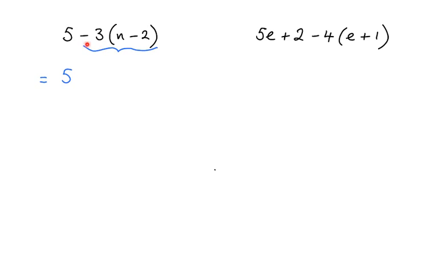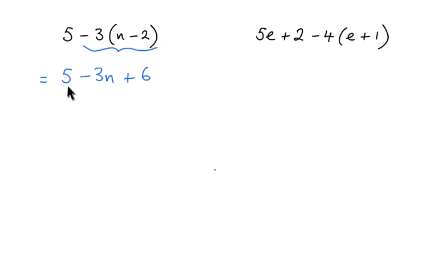So we have to multiply negative 3 with n, which becomes minus 3n, and then we have to multiply negative 3 with negative 2, and that becomes positive 6. Now we haven't finished because we need to collect like terms.